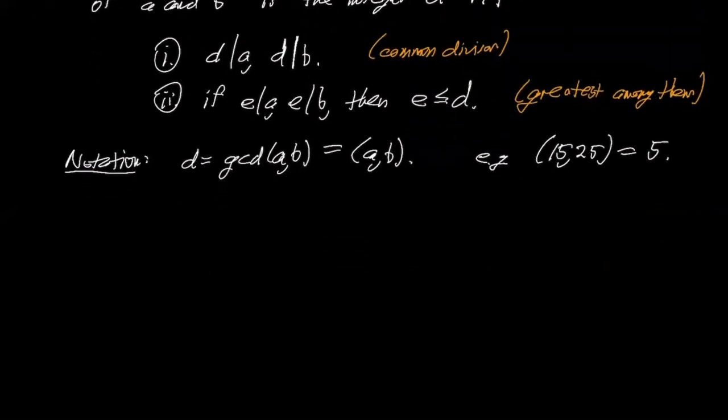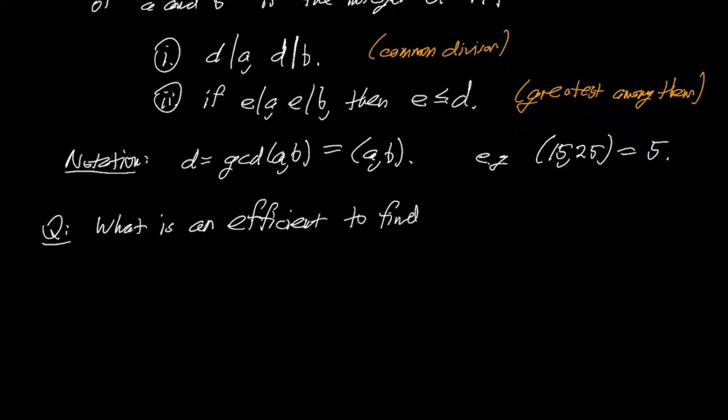Now, question. What's the most efficient way to find the greatest common divisor of two integers? Or I don't know, most is a pretty strong term. What is an efficient way to find the GCD of two given integers?